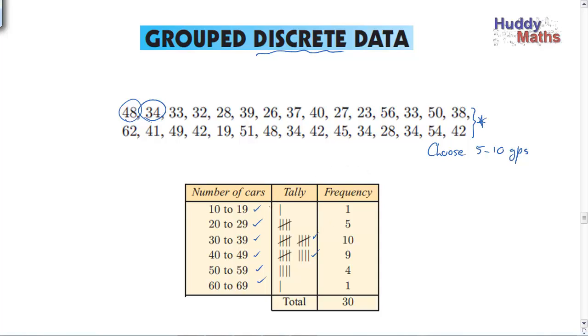Now, I've already done this. So you scan the data once only. Don't go through and pick all the 10 to 19s, 20 to 29s, etc. That's too time consuming. Read each piece once, read the data set once, and record in the tally column. That's important.